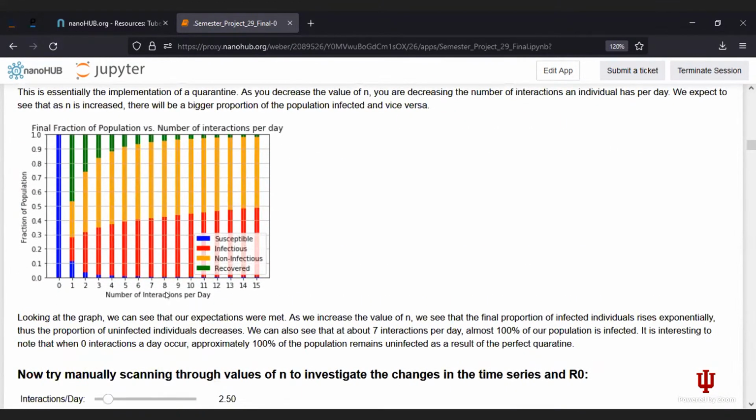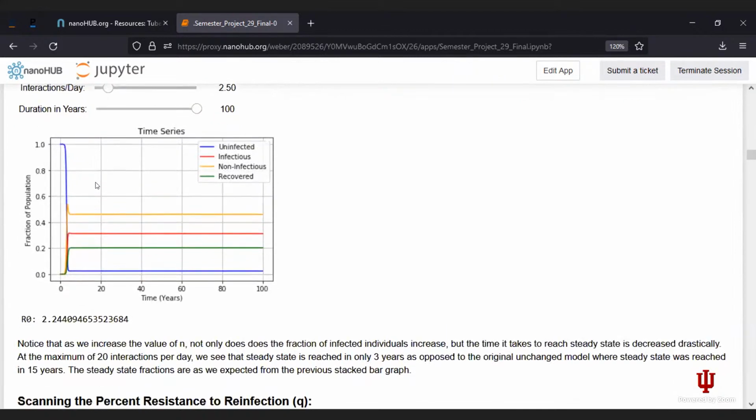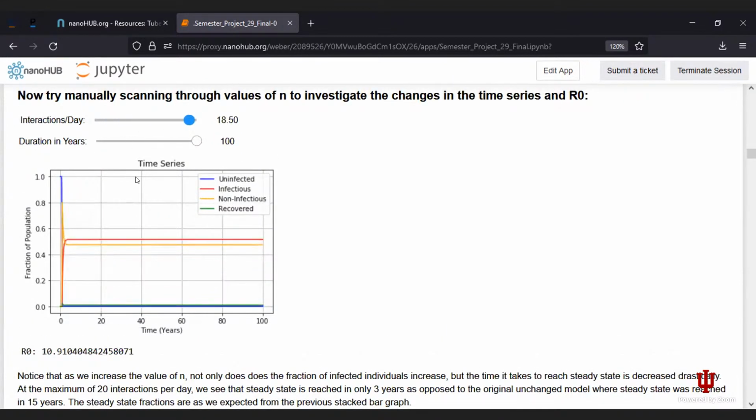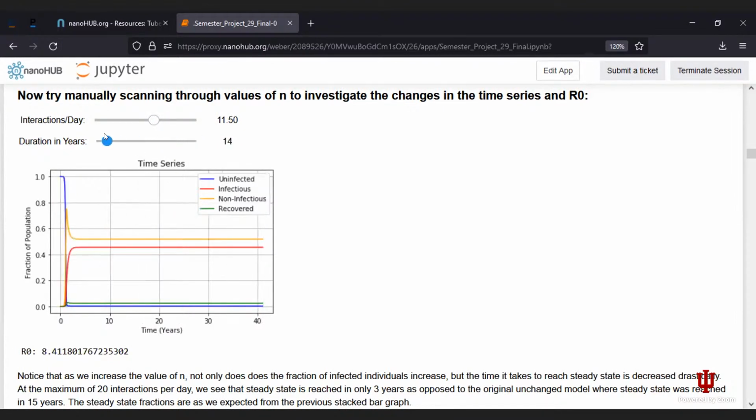So here the values will scan up for you, and it's this very effective divided bar chart. Here you use a slider. So you put up the number of interactions. Let me go to more midway values so it's easier to see. Okay. So this is easier.